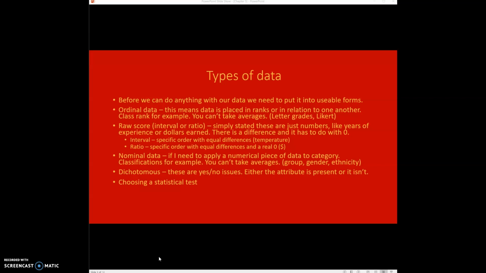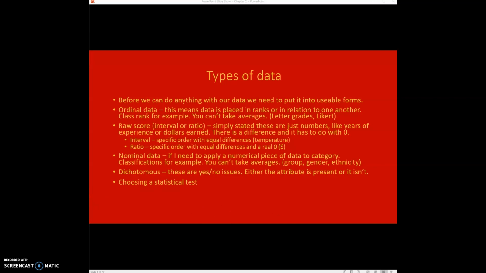If we had 5 different types of ethnicity in a school district, and we had 20 in one, 22 in another, 100 in the third one, you can't take those together and average them and get a 2.2 on ethnicity. That doesn't mean anything. Dichotomous tests are those where there's simply a yes or no issue. Either the attribute is present or it is not.